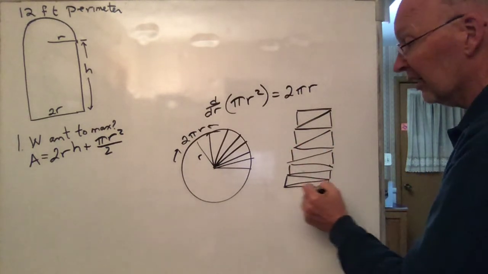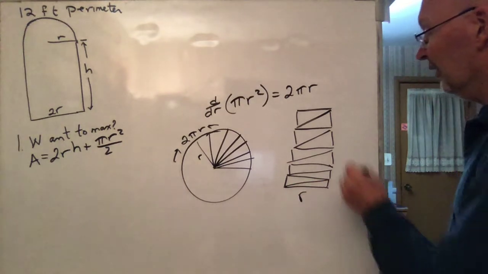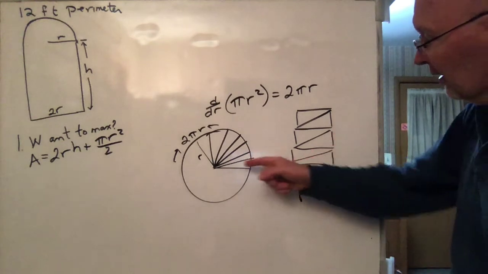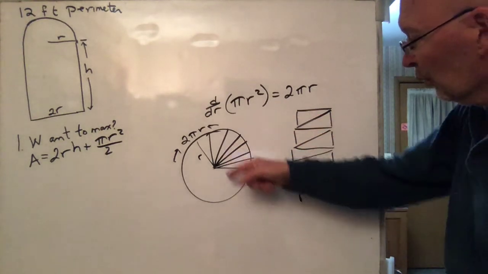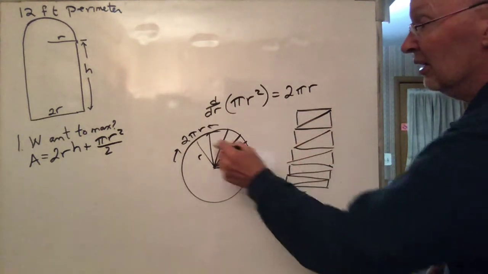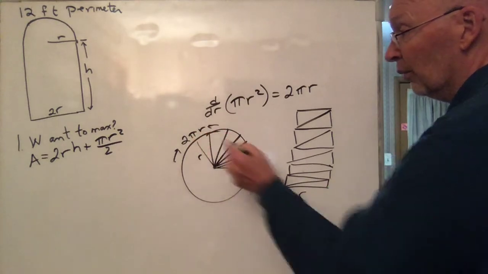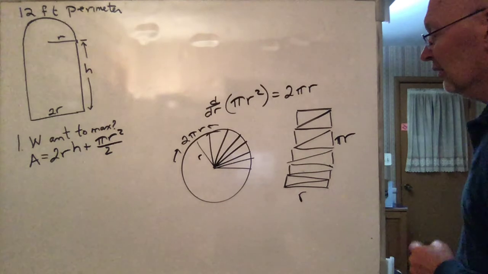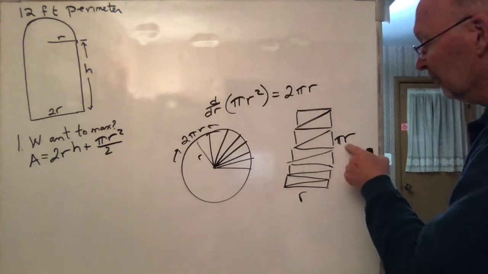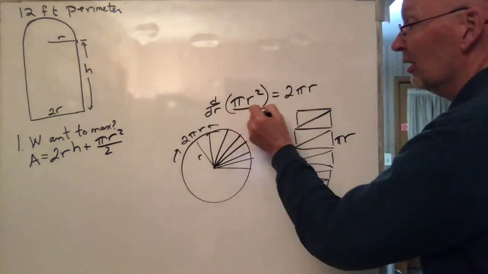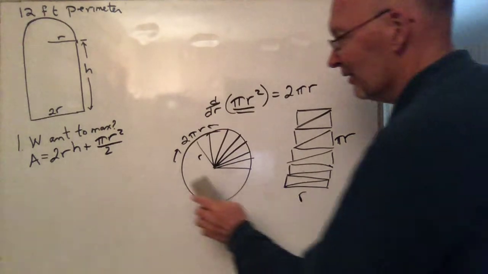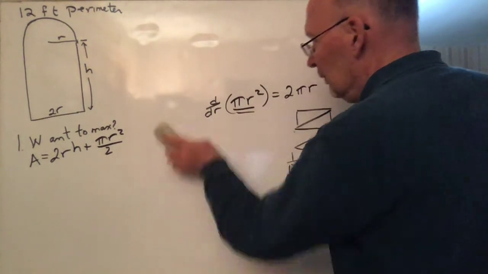It's the length of the base, which is r, and the height, which is half of the circumference, because the circumference is being divided into those two sides. Since the whole circumference is 2 pi r, this would be just pi r. So there's pi r times r, which is pi r squared. Isn't that cool? I came across that proof a while back, but that's really kind of a clever one.